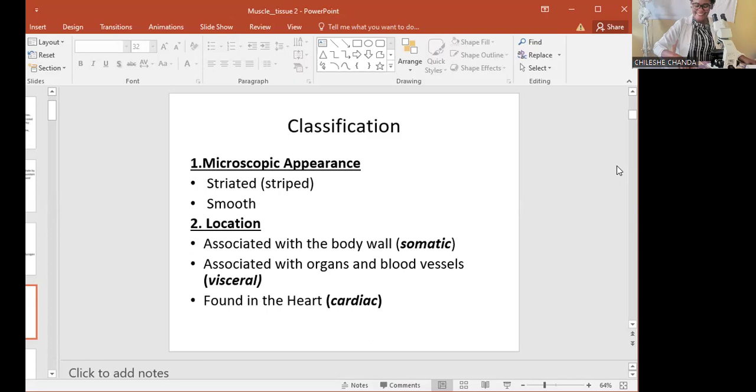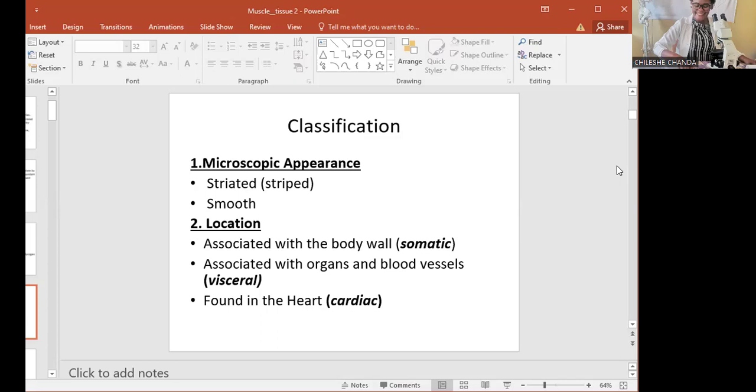When you start shivering, the muscles start contracting and relaxing at a very fast rate, which generates heat. So that is what we are talking about when we talk about the functions of muscle tissue.